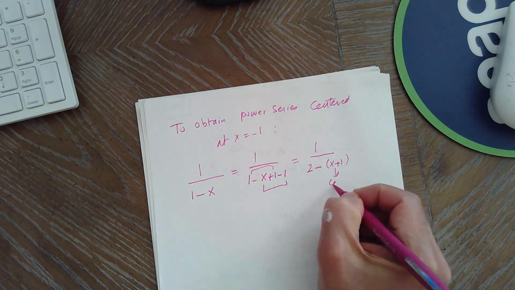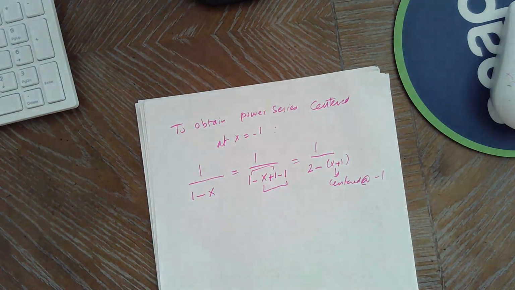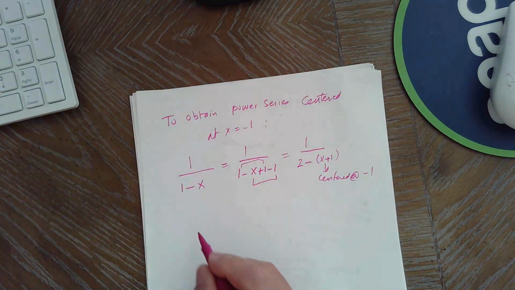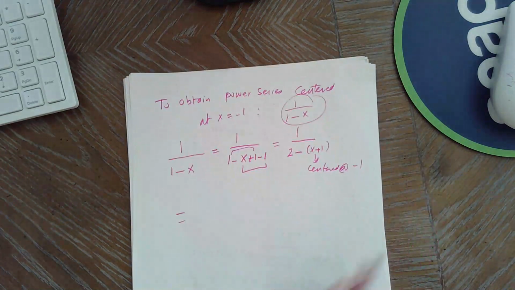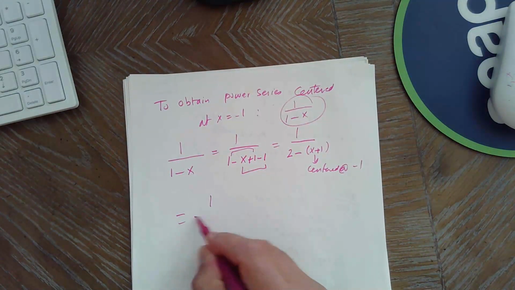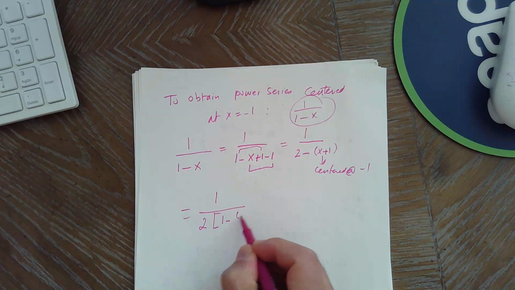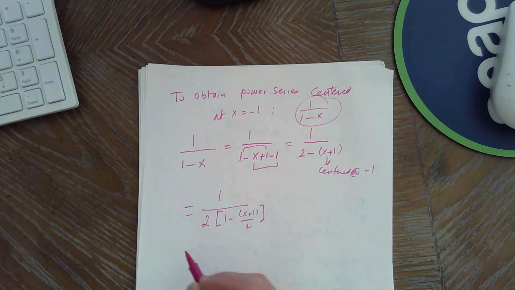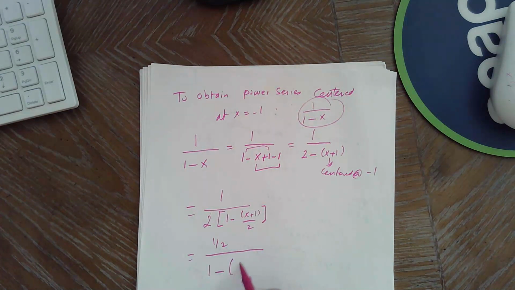So you can do that, this is centered at -1, but we want to get rid of this 2 because it has to look like the geometric form. So if we factor out the 2, it would be 1 over 2 times 1 minus (x plus 1) over 2, which is written as 1/2 over 1 minus (x plus 1)/2.